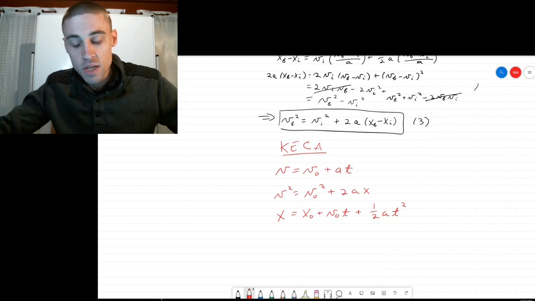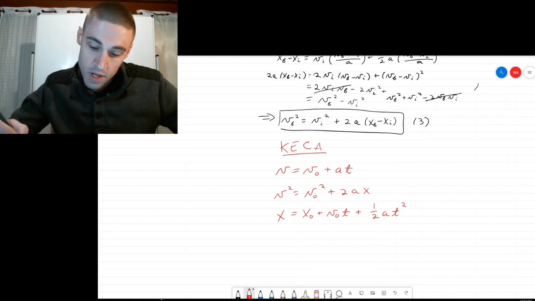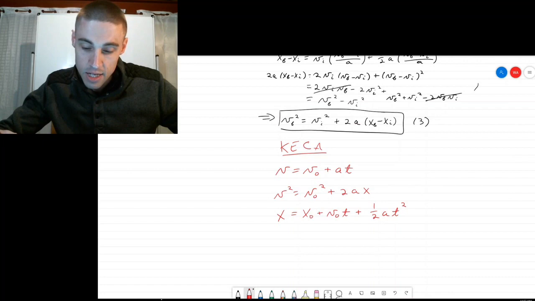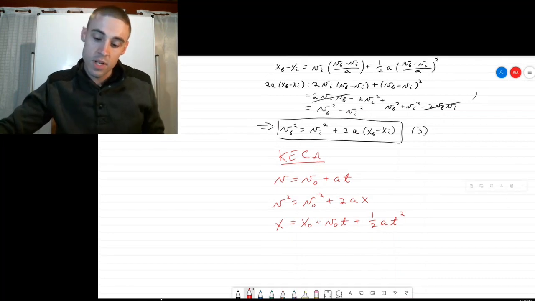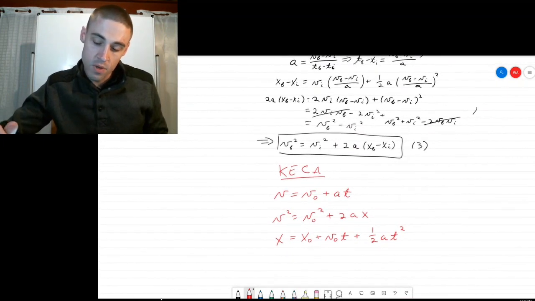You'll see me use both of these forms to solve different problems. I prefer these shorthand notations when I don't explicitly need different time coordinates, things like that.